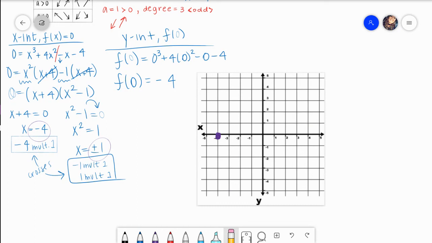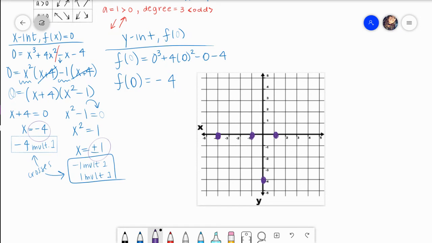So -4 right here, then -1 right here, and then +1 right here. Those are x-intercepts. Now let's go to my y. f of 0 equals -4 is saying that when x is 0, so right at the origin, it's -4, which means you just go down to -4.